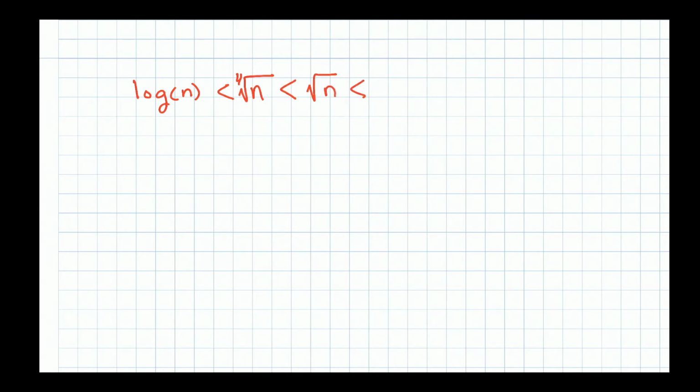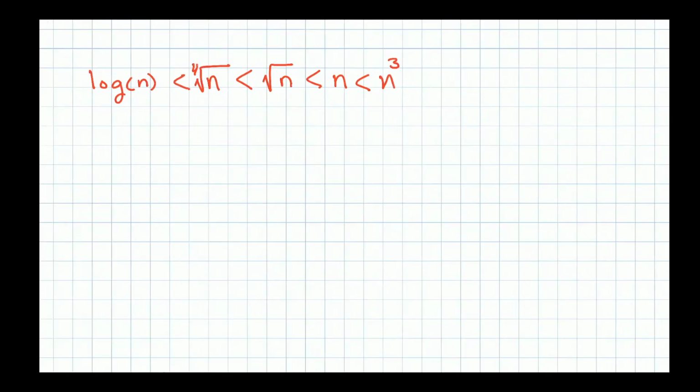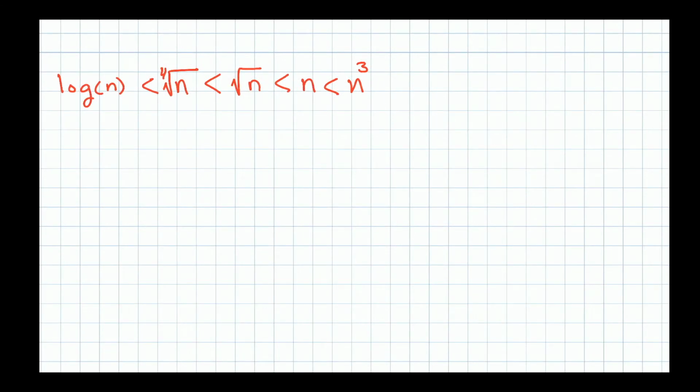And an nth root would get beaten by n to the first power, which would be beaten by a higher power of n. I'm putting an n cubed, but that's representative. The bigger the number, the bigger the function. All of the polynomials are smaller than all of the exponentials. So 2 to the n is bigger than any polynomial.